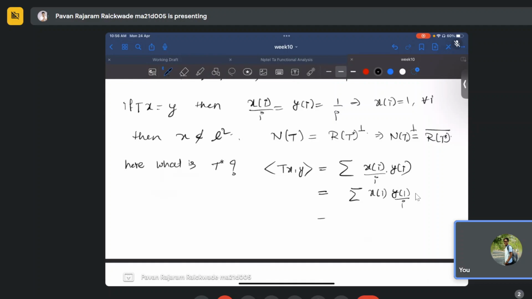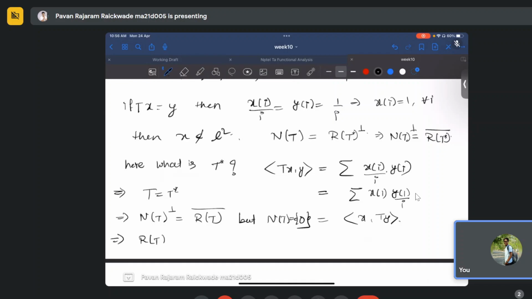I can write it like this, which is just the inner product of x with Ty. That means T is the same as T star. Hence, the null space of T perp will be the same as the range space of T closure. But T is injective. That means the null space of T is the singleton 0. That means the range space of T closure is the whole Hilbert space.